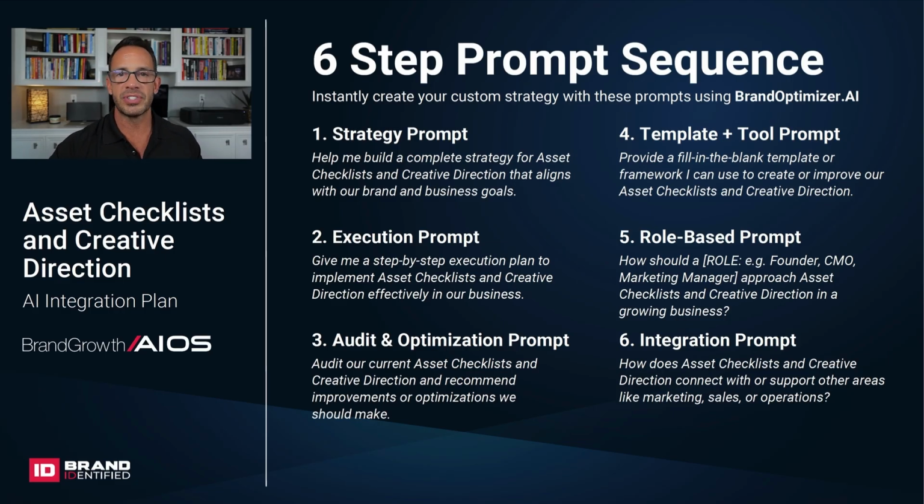Prompt number 5, this is your role-based prompt, and that is: how should, and you will want to insert your title, your role, or a position within your organization, for example founder, CMO, or marketing manager, approach asset checklists and creative direction in a growing business. And the 6th and final prompt here is your integration prompt, and that is: how do asset checklists and creative direction connect with or support other areas of our business, for example marketing, sales, or operations.